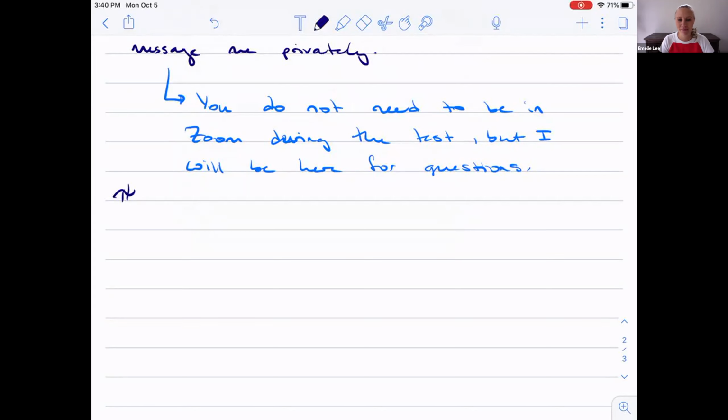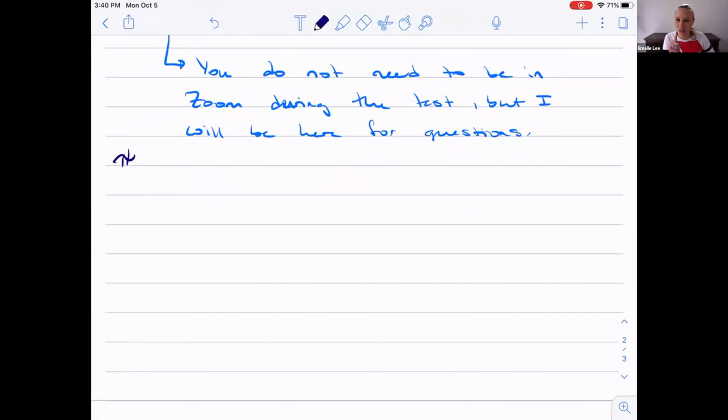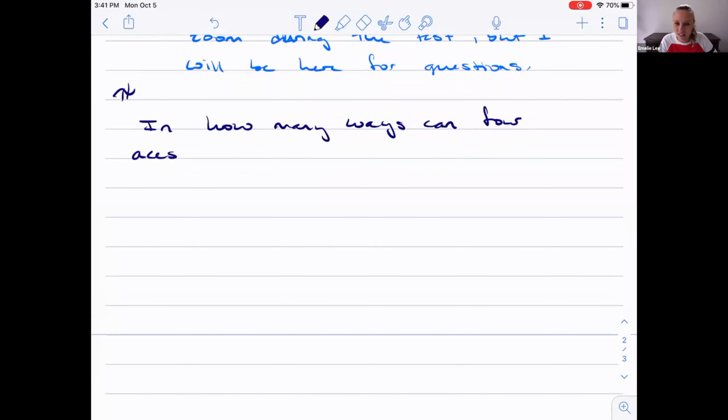Difference quotient time? Okay. Oh, and there was a card question too. The card question today. In how many ways can 4 aces, let's deal with that one first. In how many ways can 4 aces, you're going to be very disappointed when you see, you won't believe what happens next.